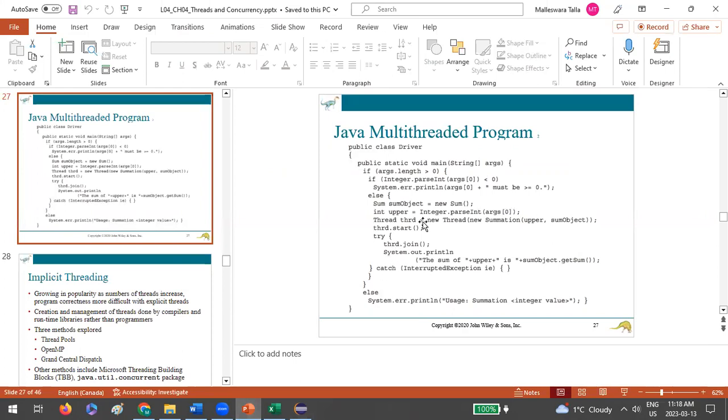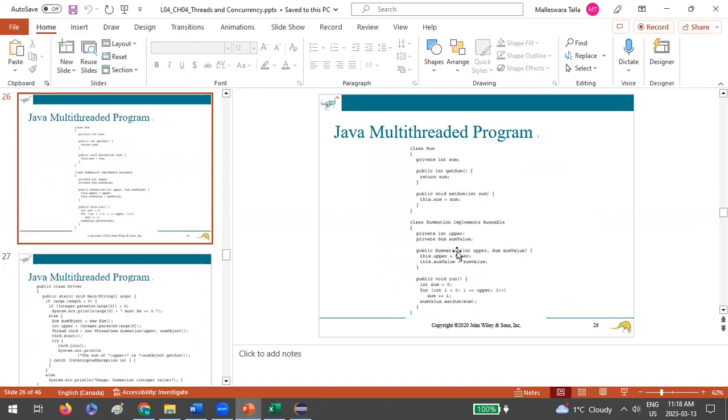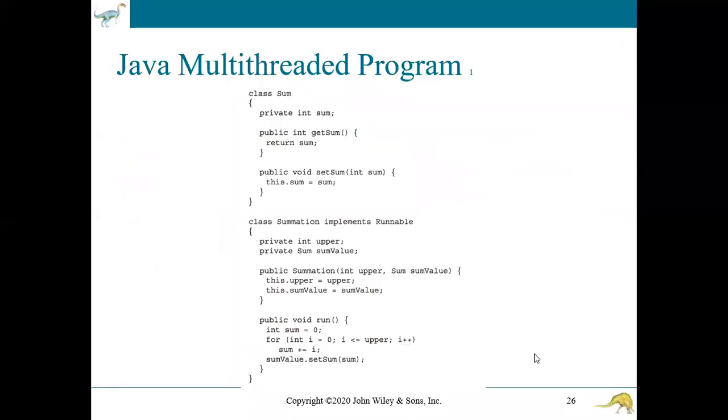So basically, if you want to create a thread, that should be a method. Can you see the method here called run? I'm circling here.